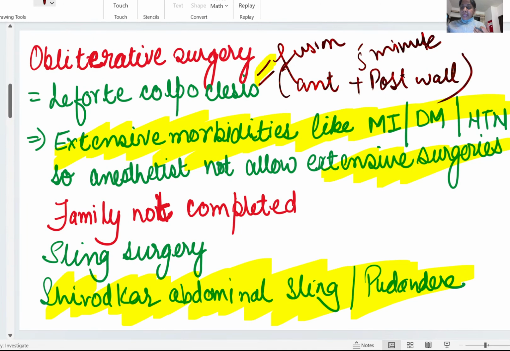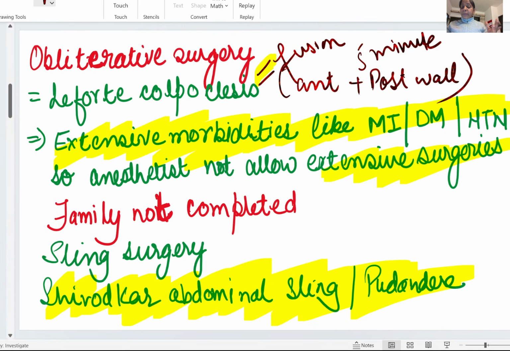Those patients who have very high morbid diseases, so that we cannot anesthetize those patients for one hour or long.